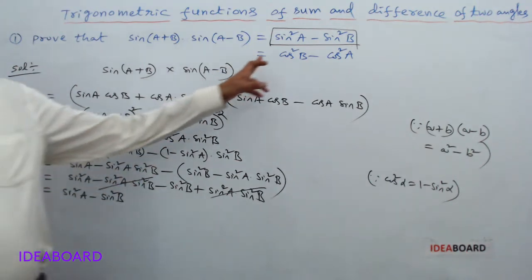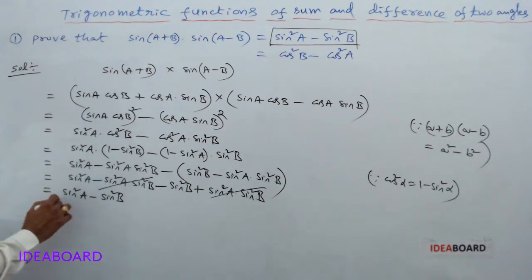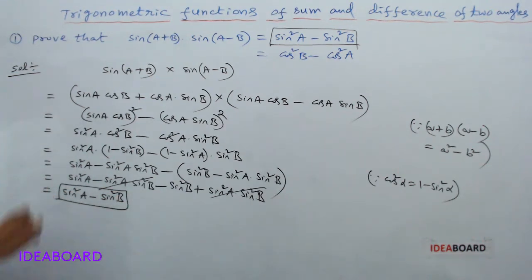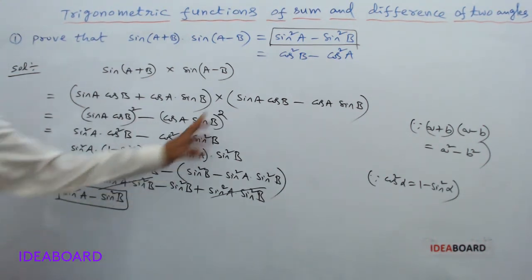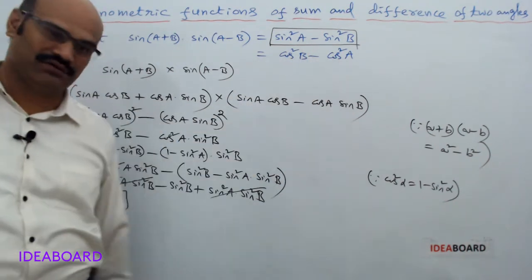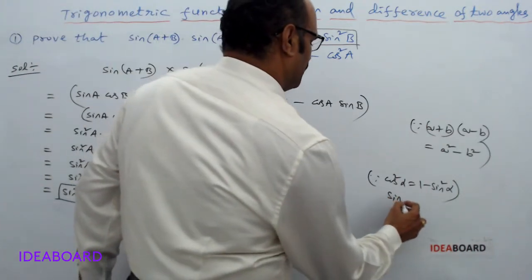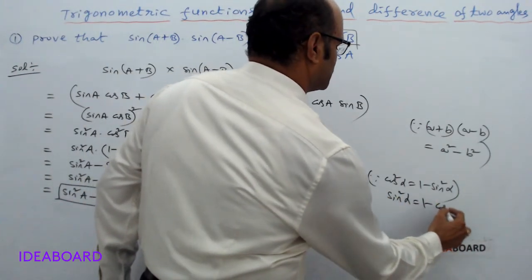Then we have to prove that it is equal to cos² B minus cos² A. Here we got sin² A minus sin² B. We know that sin² α equal to 1 minus cos² α.